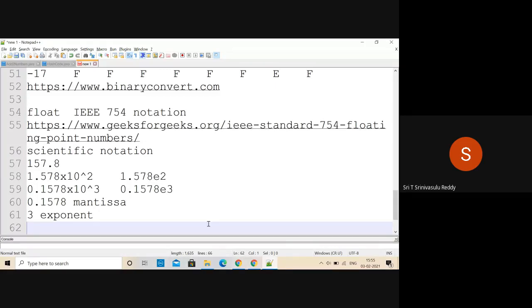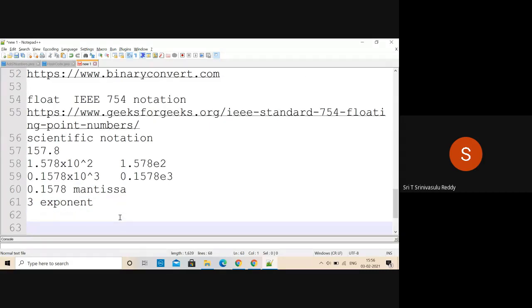Mantissa is only the fractional part of the number, and whatever you represent using powers is your exponent. The exponent value is 3 for this particular number, and the mantissa part is 0.1578. This is with respect to the decimal number representation.